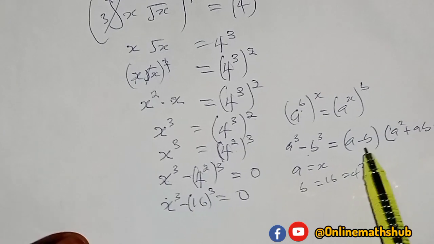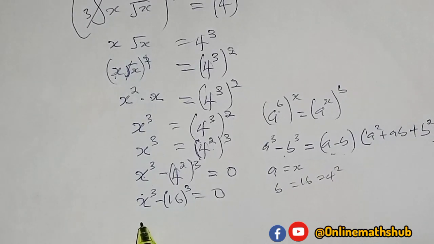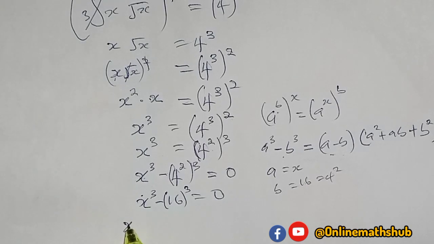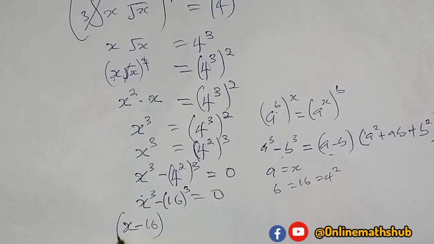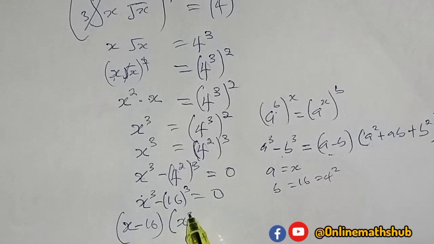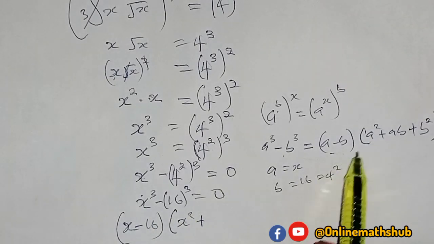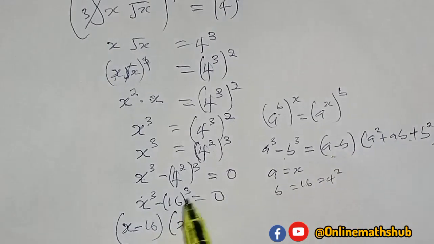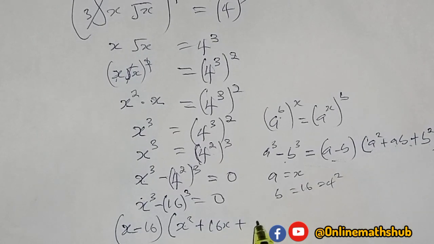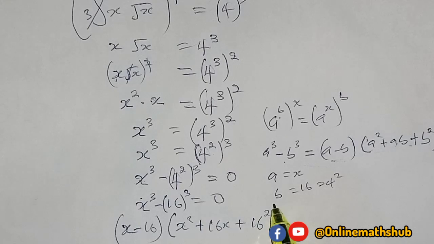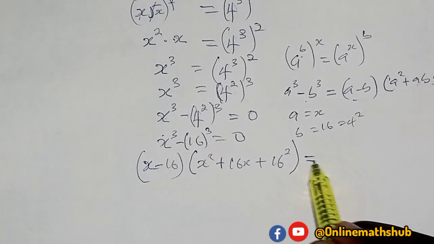So using this expansion, what I'm going to have is x minus 16, and then x squared plus, this is a times b, right? A times b, so I will have 16x plus b squared, and that is 16 squared. Now of course, this is equal to 0.